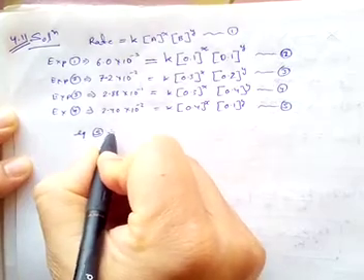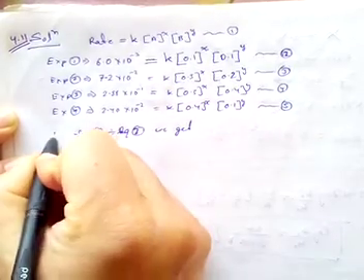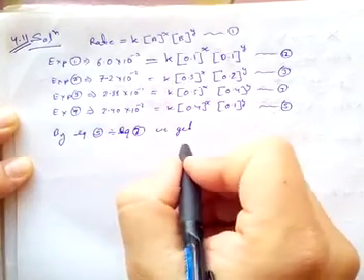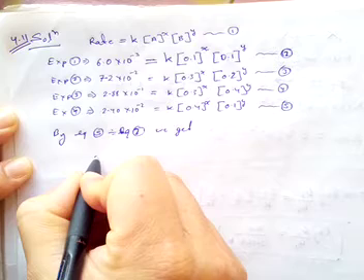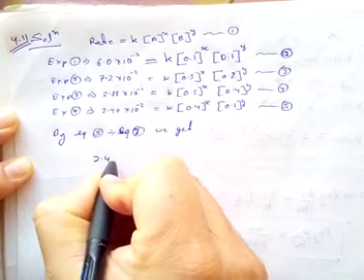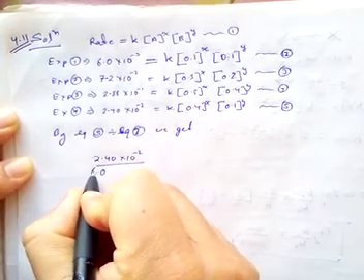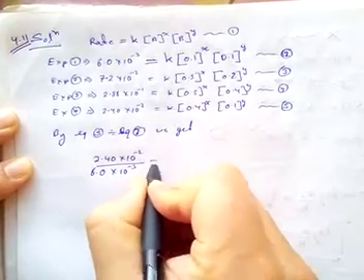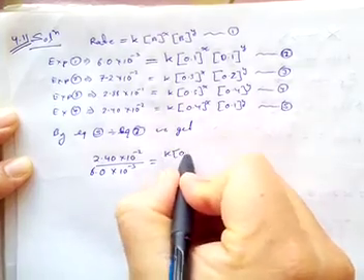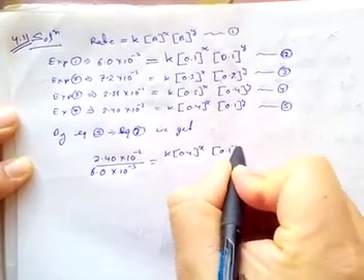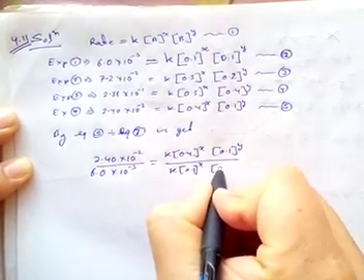Dividing equation 5 by equation 2, we get 2.40 into 10 to the power minus 2 by 6.0 into 10 to the power minus 3 is equal to k, 0.4 to the power x, 0.1 to the power y by k, 0.1 to the power x, 0.1 to the power y.